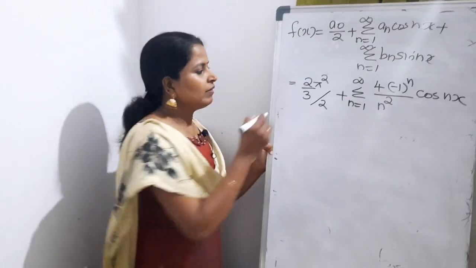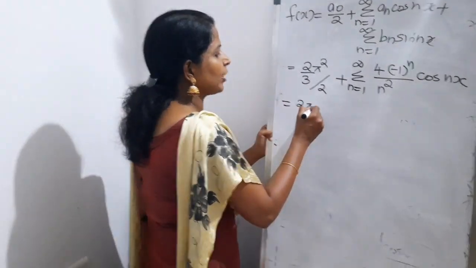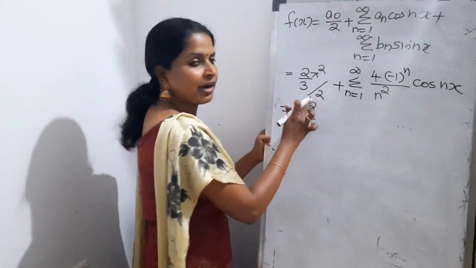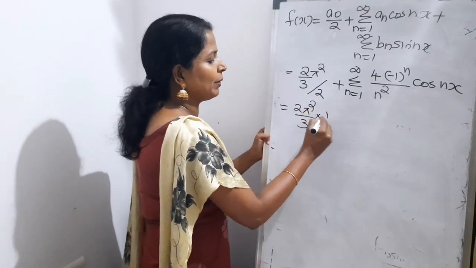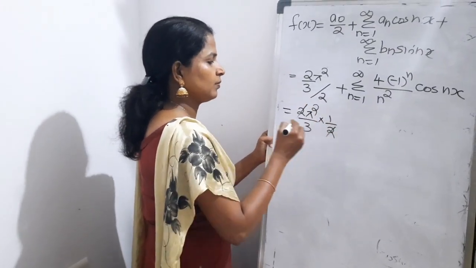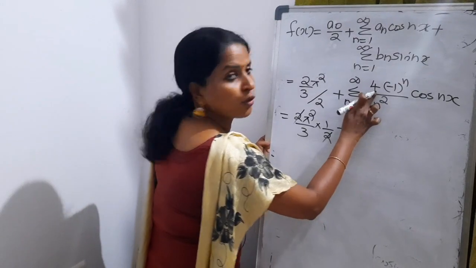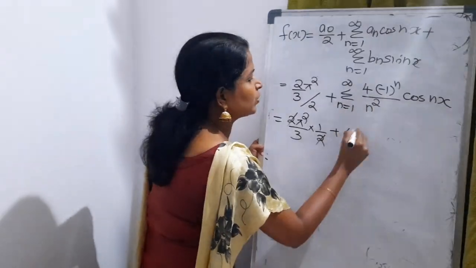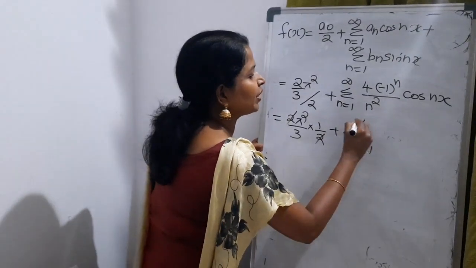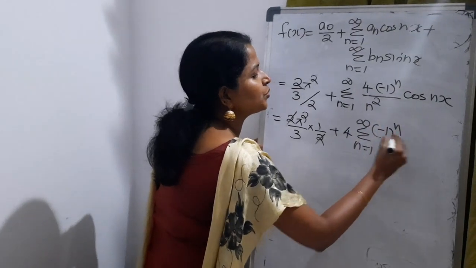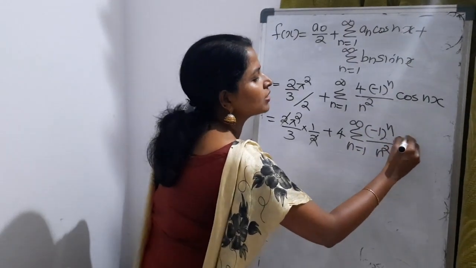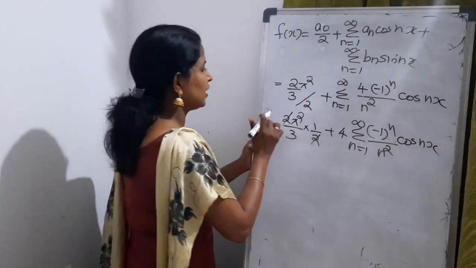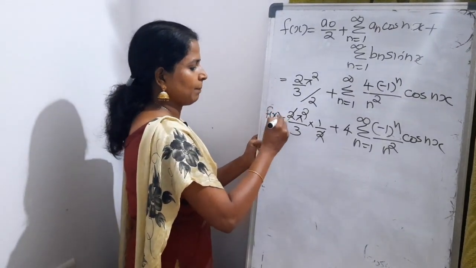So we write 2 pi square by 3 divided by 2, that means into 1 by 2, plus here 4 is constant, so 4 into sigma n equal to 1 to infinity minus 1 raised to n by n square cos nx. This is f of x.